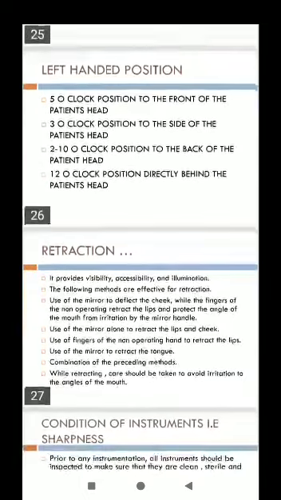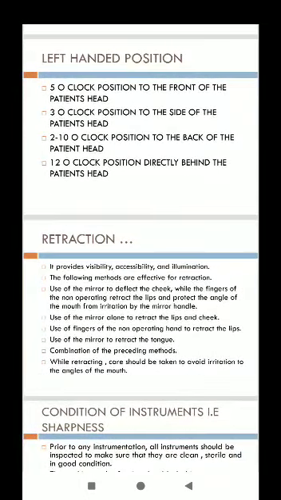So coming to the retraction, it provides visibility, accessibility, and illumination. The following methods are effective for retraction. Use of the mirror to deflect the cheek, while the fingers of the non-operating hand retract the lips and protect the angle of the mouth from irritation by the mirror handle.